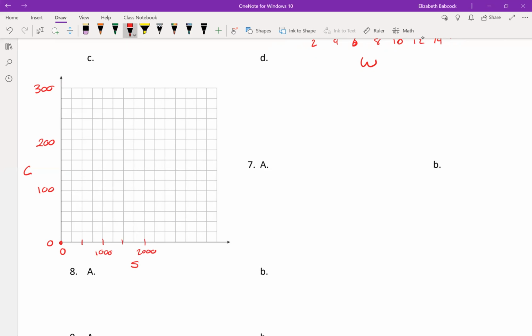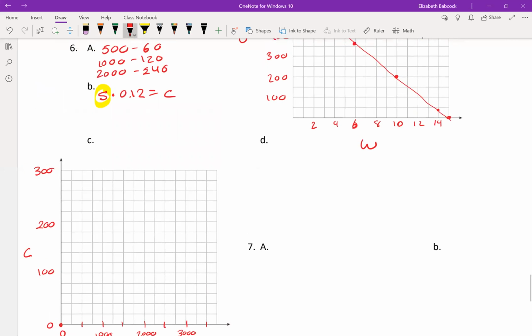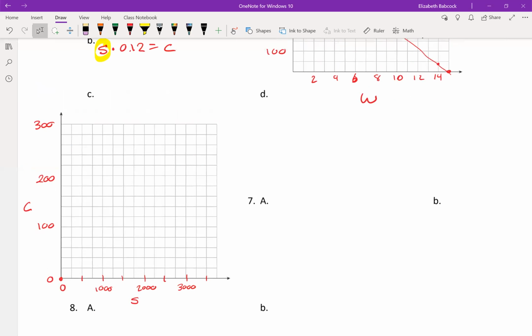It's not the best number, but it'll work for our graph. Right? So if he sells nothing, he makes nothing. If he sells 500, he makes $60. If he sells 1,000, he makes $120. If he sells 2,000, he makes $240. Those are pretty straight and nice and easy to join together.